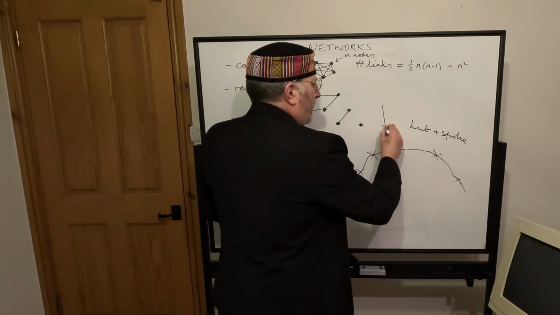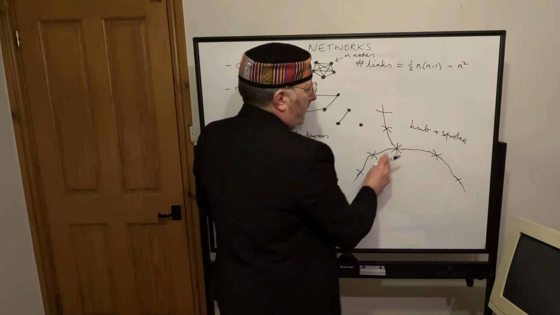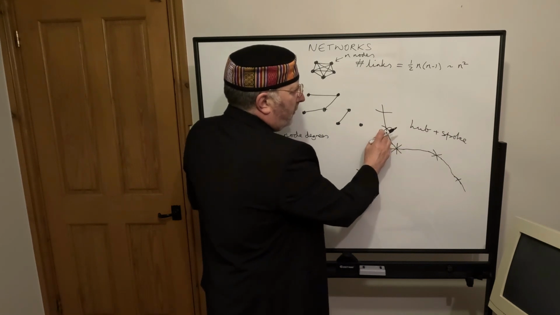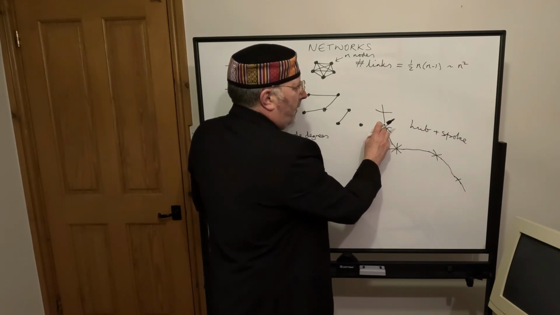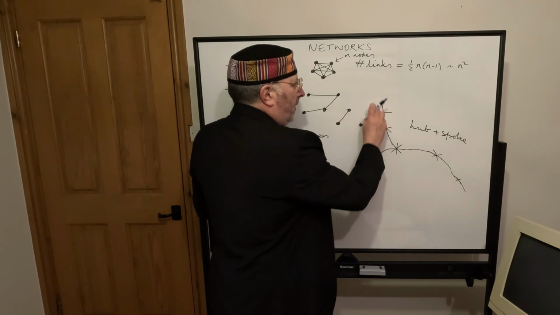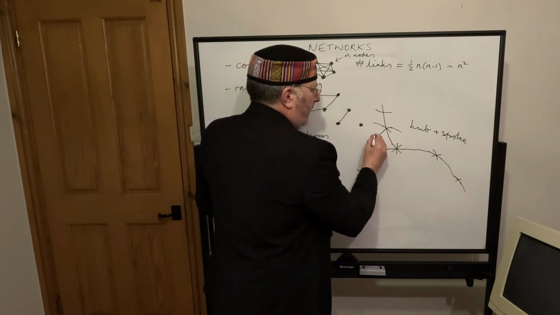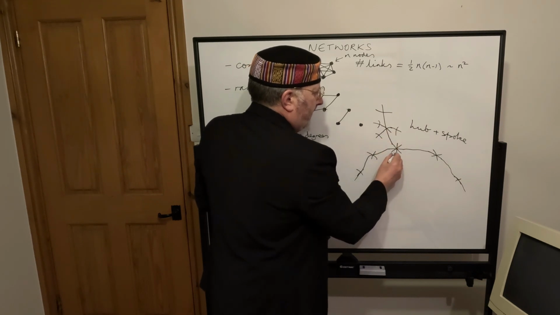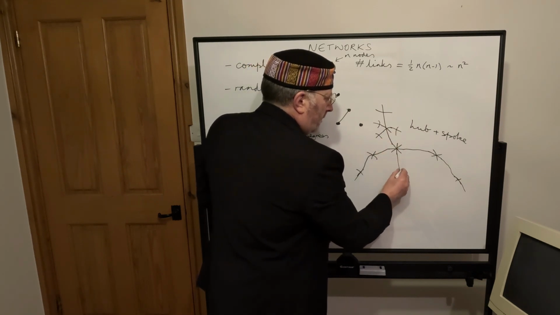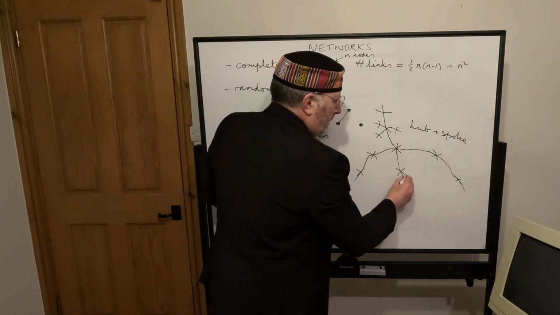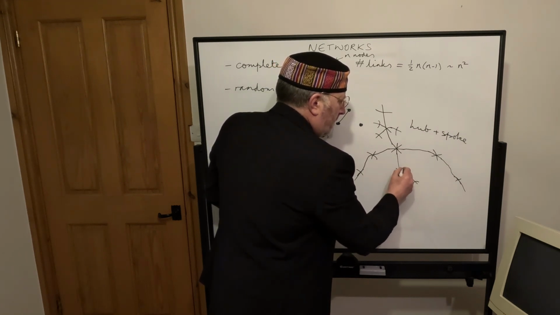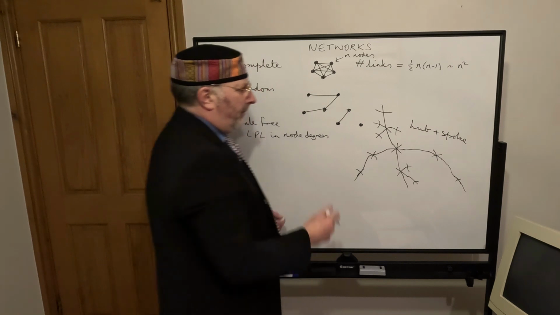There'll be this goes down to a kind of lower hub, which in turn has other spokes hanging off it here, and so on there, and so on.